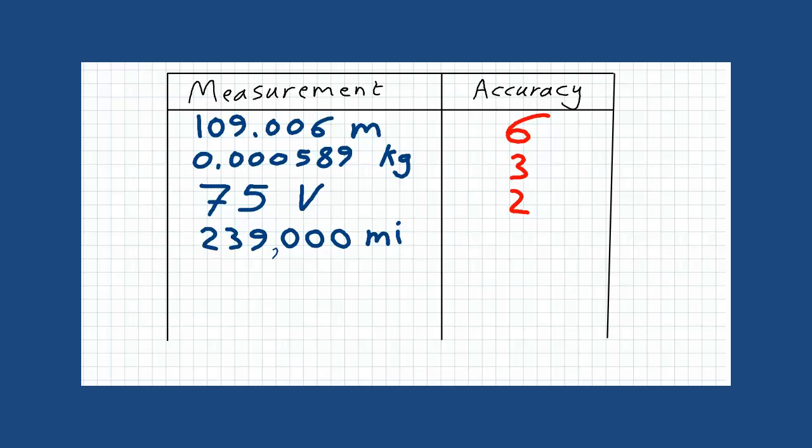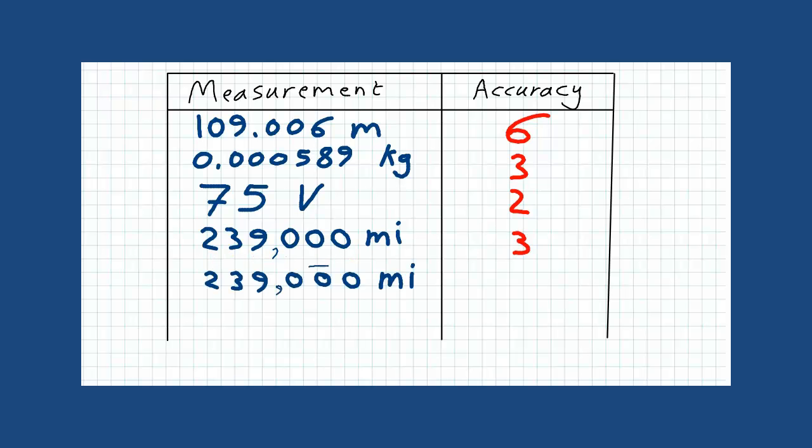So we have 1, 2, 3, but this is a whole number. So we will not count these 3 zeros because they are not significant. We don't have a decimal point here. So it is accuracy 3 only.